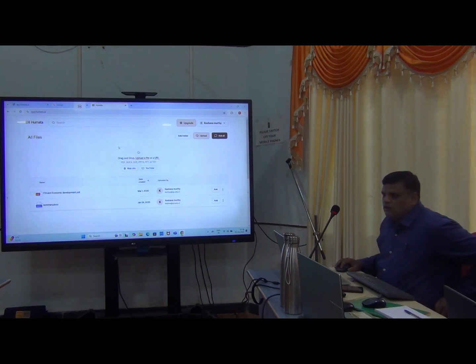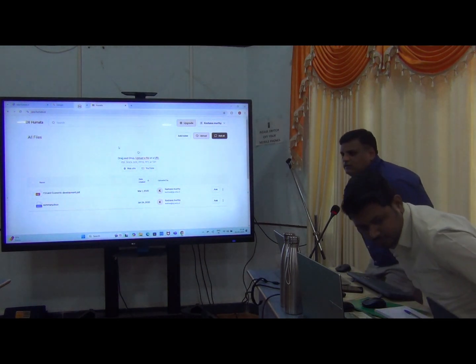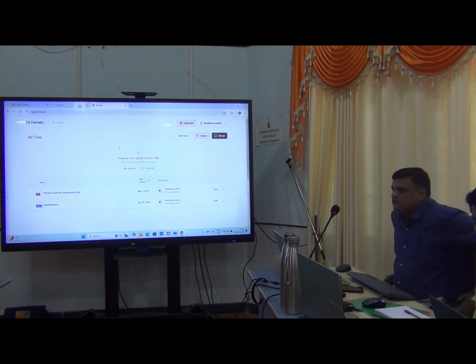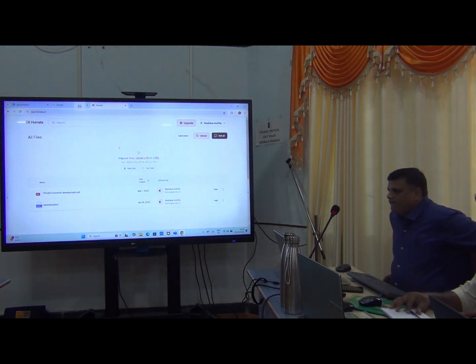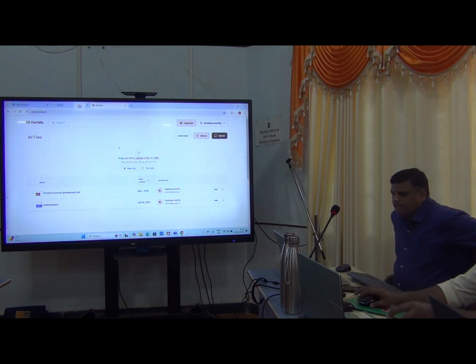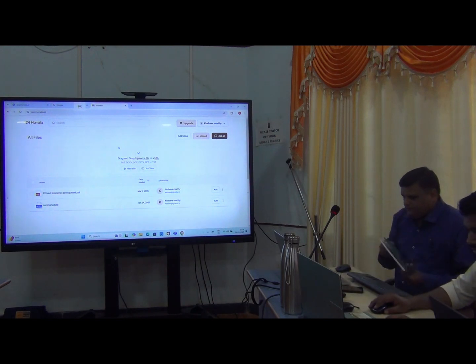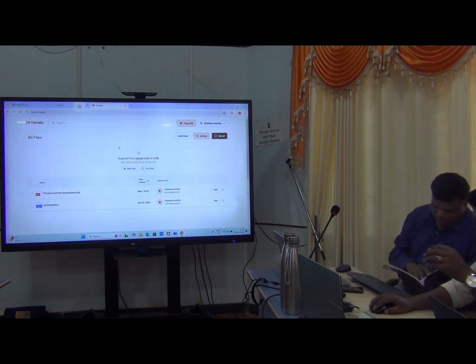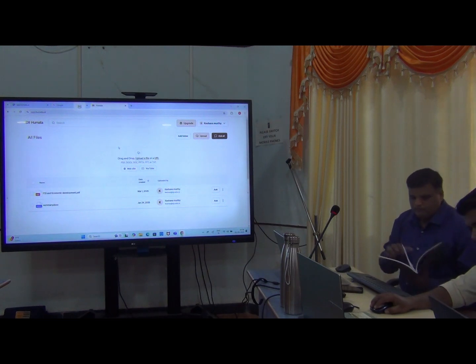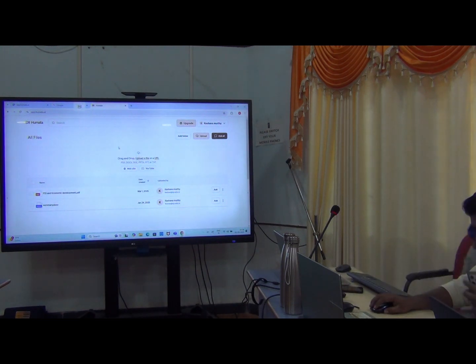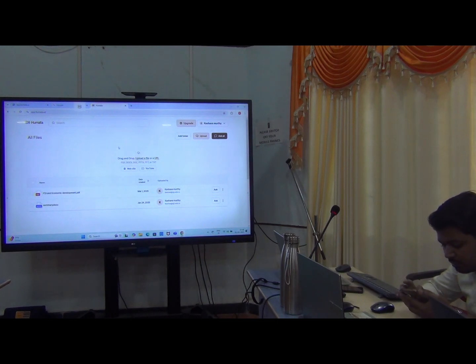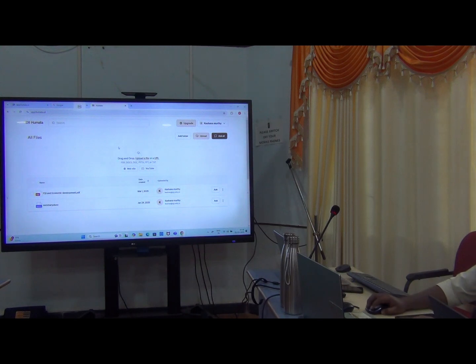They are asking for login, sir. Yeah, you have to create a login ID and register. It's free of cost, you don't have to pay for it. Then you download it and register for it.